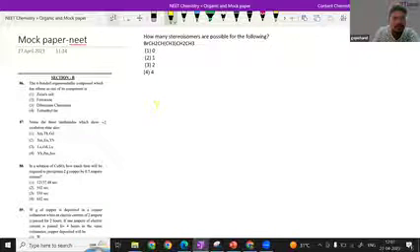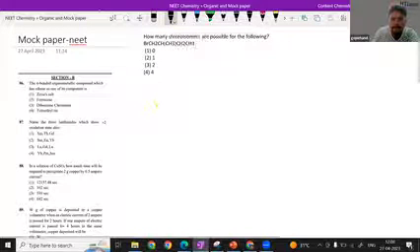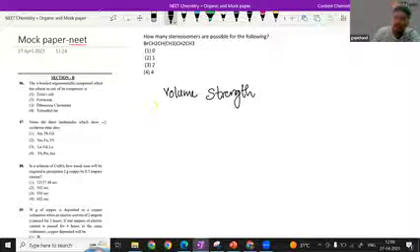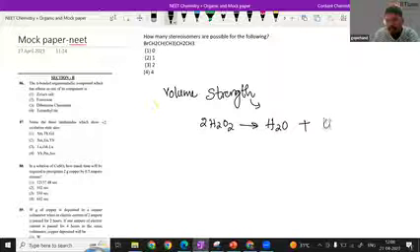Let me show it. So the volume strength question has been asked. This volume strength can be calculated by using this equation: 2H2O2 gives H2O plus O2.